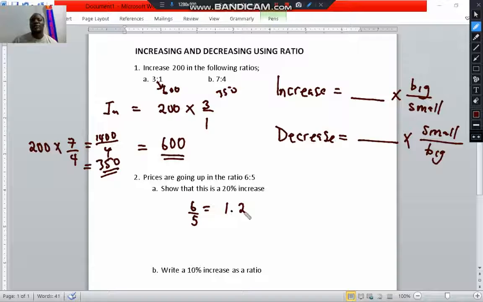So something is being multiplied by 1.2, and if you remember your percentages, this is a multiplier for a 20% increase.